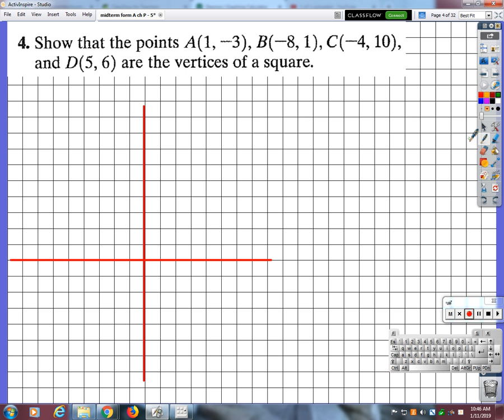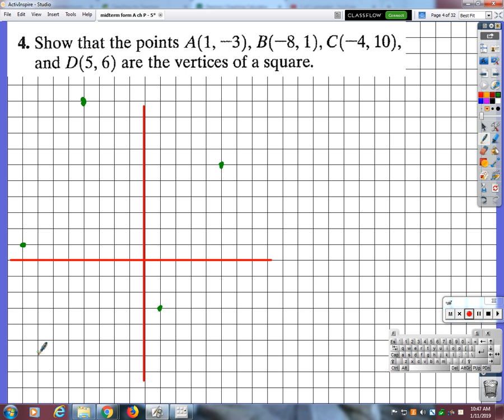Alright, so if I graph these, 1, -3, -8, 1, -4, 1, 2, 3, 4, 5, 6, 7, 8, 9, 10, and 5, 1, 2, 3, 4, 5, 6.